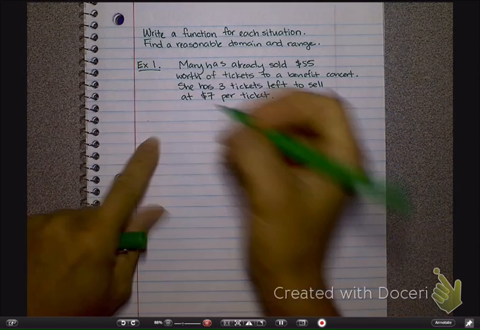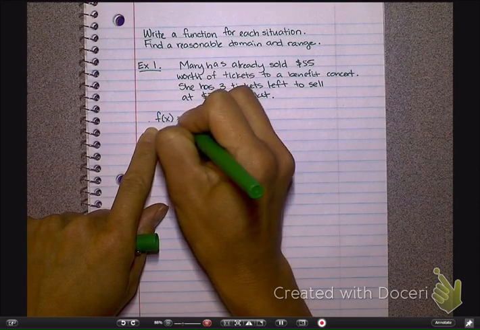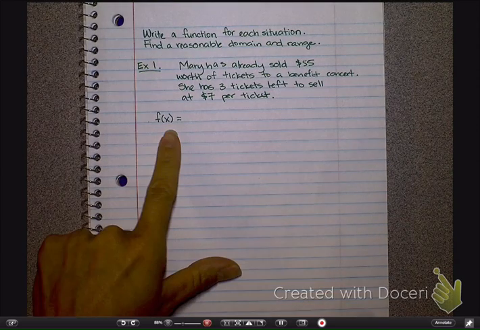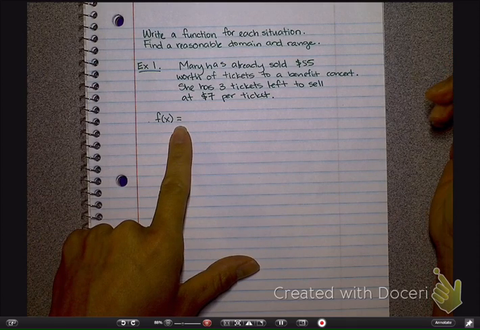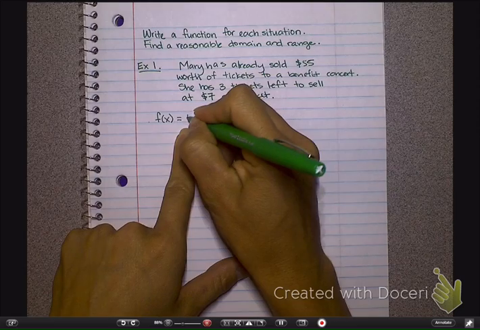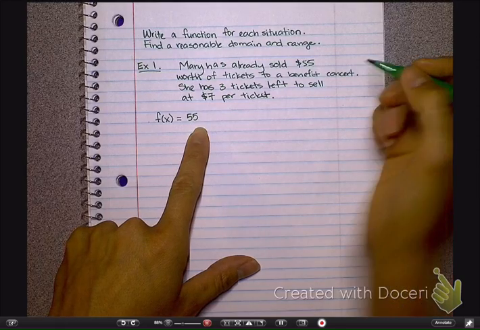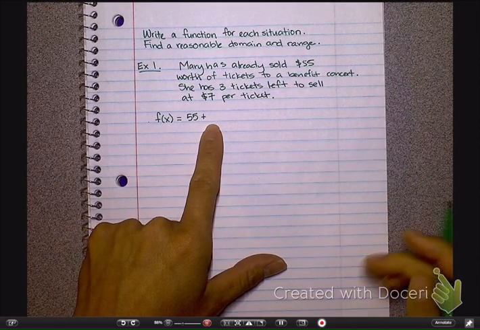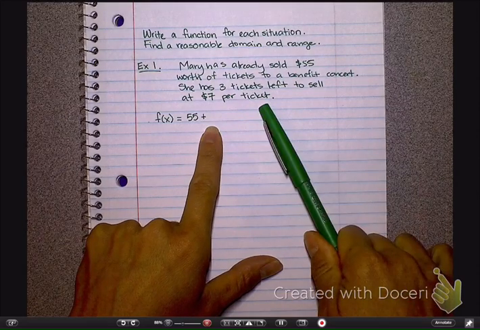So we're going to let the amount of money she's making be our dependent variable, which is f of x. Okay? f of x represents the amount of money she makes. Now, how much money does she make? Well, how much did she make already? She made 55. Is she going to make some more? Hopefully, right? So plus, now how much more is she going to make? $7 per what? Per ticket.